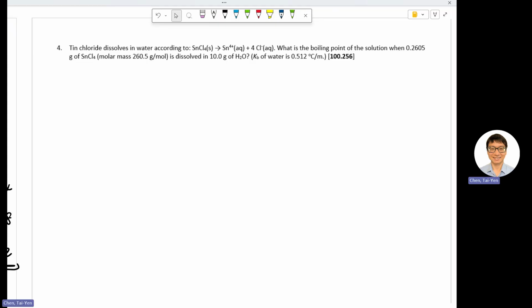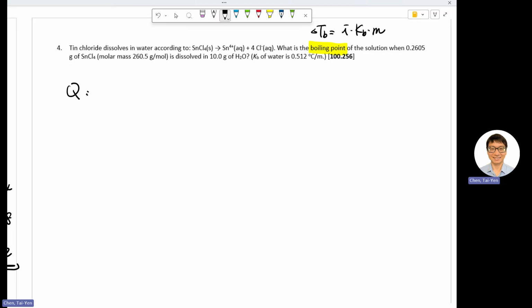Boiling point, right? Very good. Boiling point tells you this is a colligative property. Then you should know that delta Tb, the change of boiling point, is i times Kb times m. That will be the equation you're going to use. Once you know that, then you have a plan already.